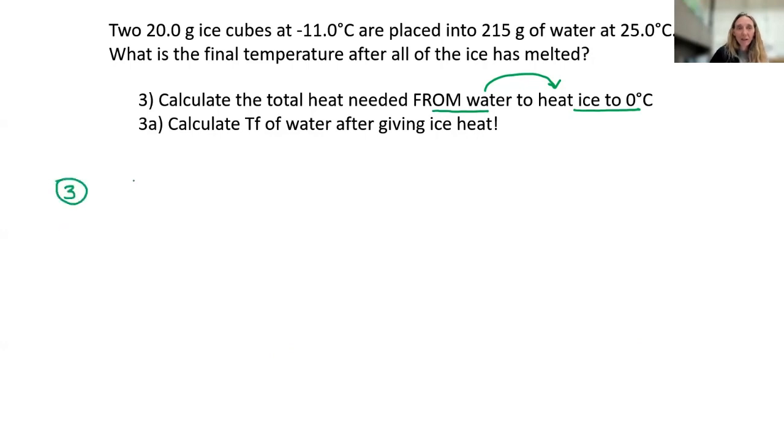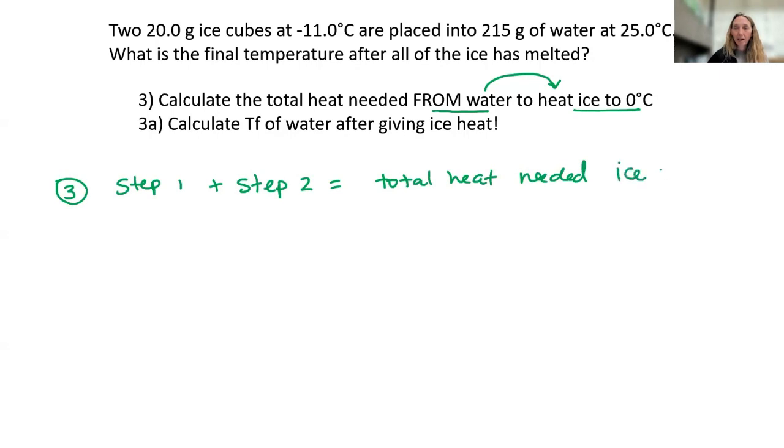Step number 1 plus step number 2 will give us the total heat needed for ice to go from negative 11 degrees Celsius to 0 degrees Celsius, and then to go from a solid to a liquid, right? So step 1 is this top part, step 2 is that last part.